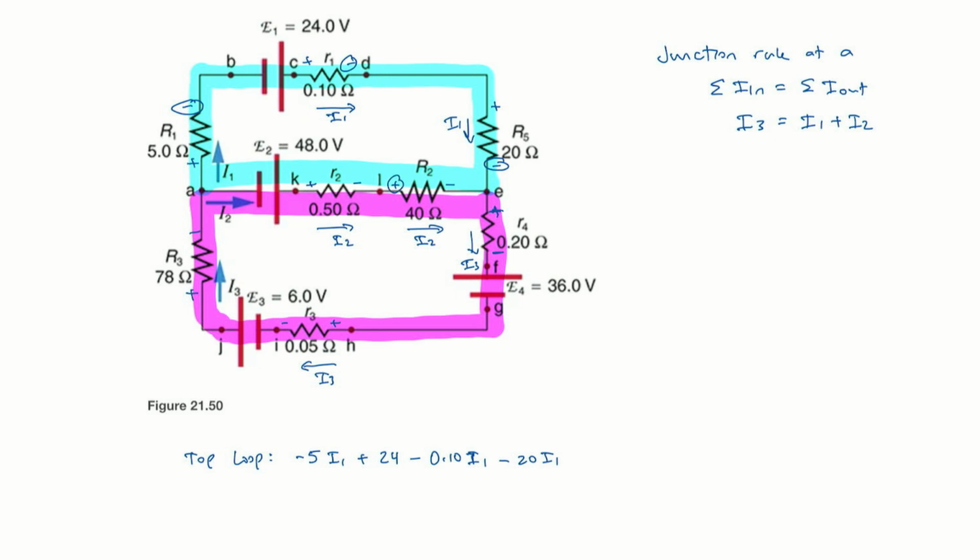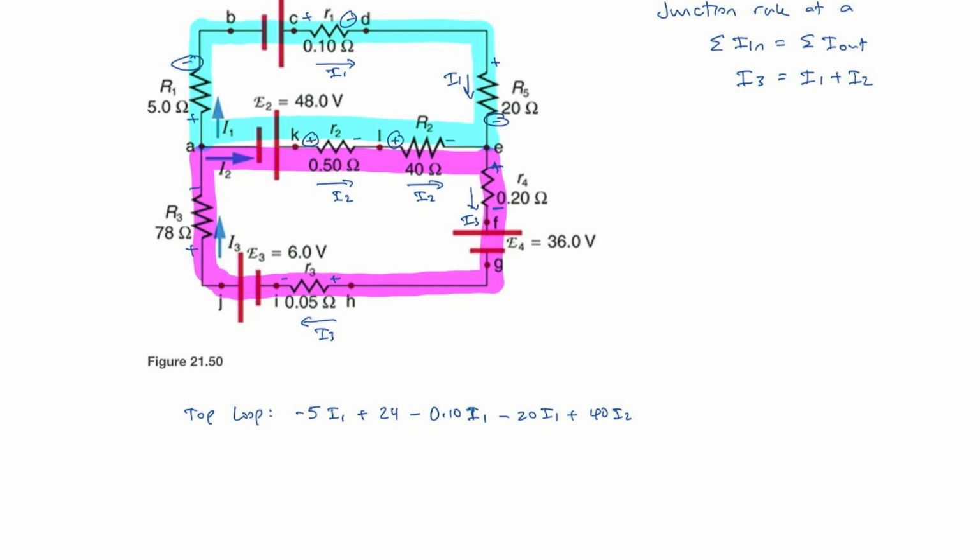And then we keep going along the middle piece. The last sign we see as we traverse from right to left is going to be the plus sign. And the R2 is the 40 times I2. And then we have internal resistor R2. Last sign we see is the plus.